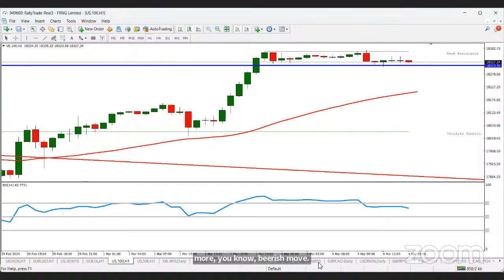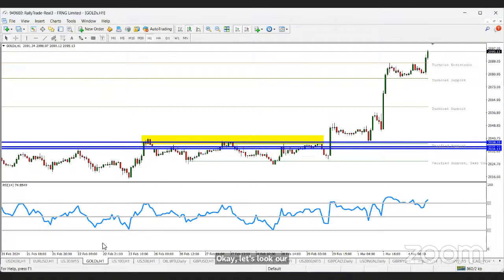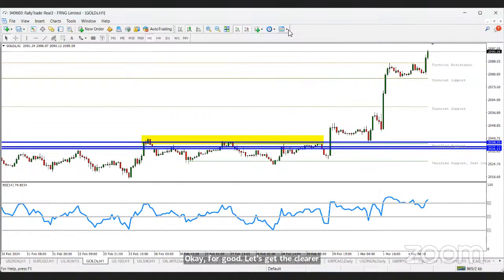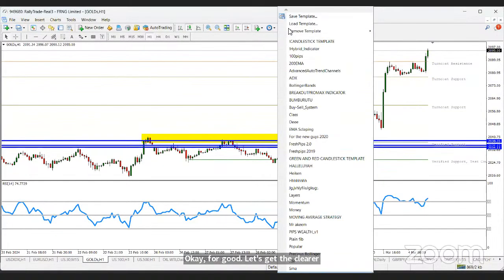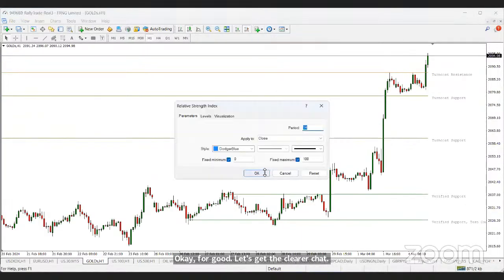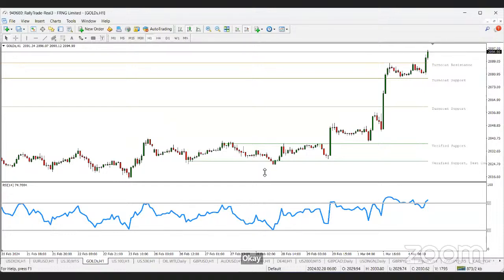Okay, let's look at gold. Let's get a clearer chart. Gold is just like US 100.